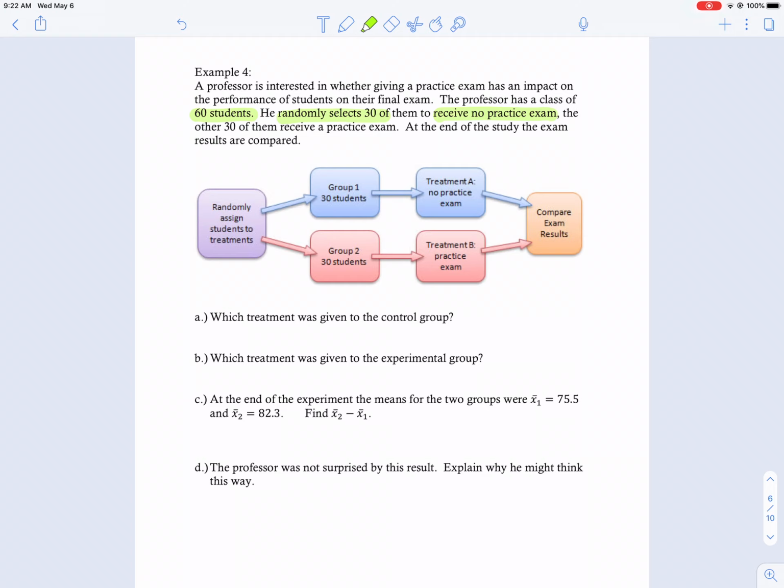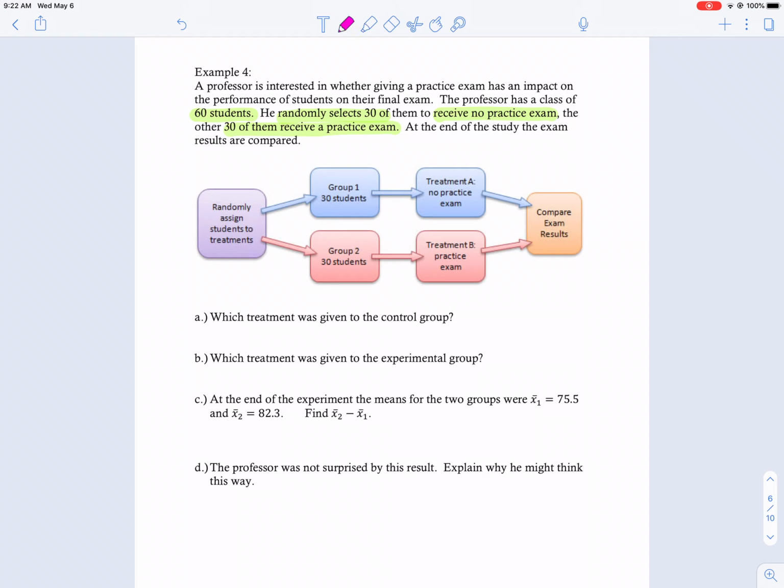The other 30 receive a practice exam, and at the end of the study, the exam results are compared. So he randomly assigns group 1 treatment A, which is no practice exam, and group 2, 30 students, gets treatment B, a practice exam, and we compare.